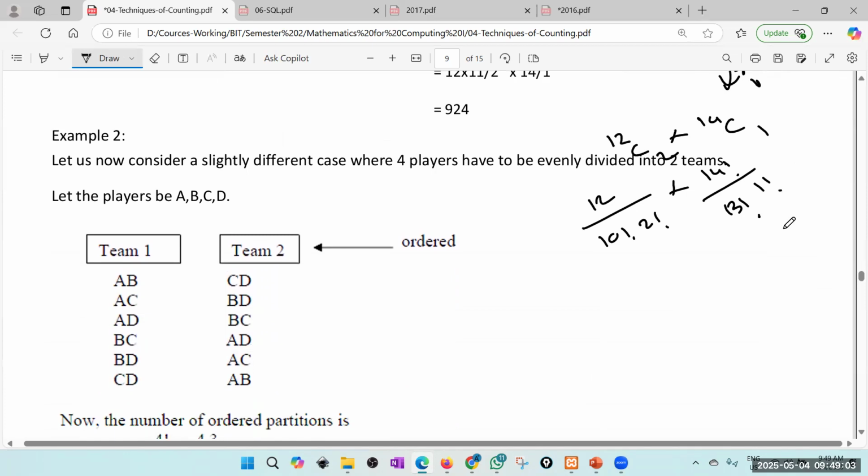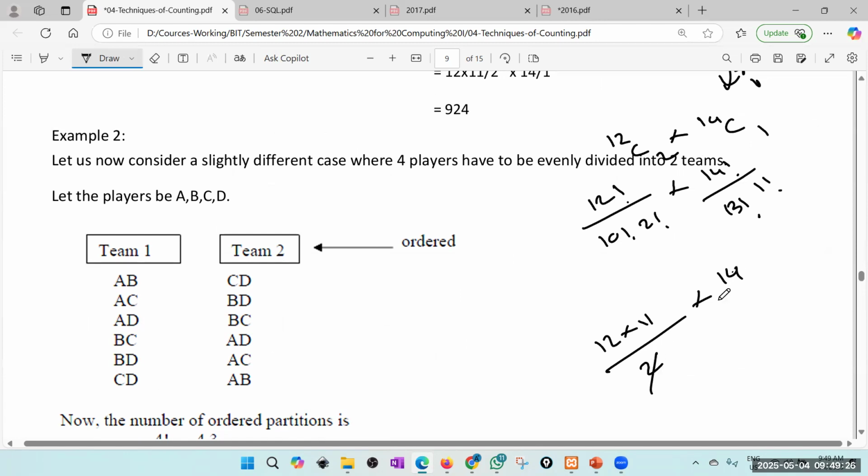Then, because this is factorial 12, this is factorial 10, therefore we have 12 and 11 because other things are getting cancelled. And here we have 2. And here we have only 14 because factorial 13 is getting cancelled out because factorial 14 is 14 into factorial 13. And of course, factorial 1 is 1.